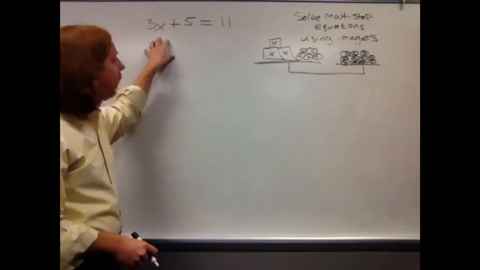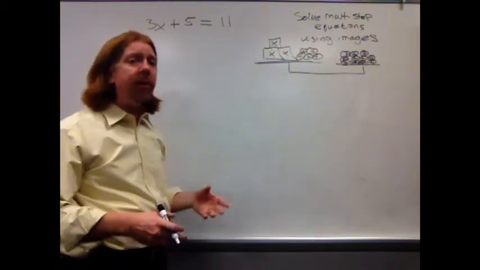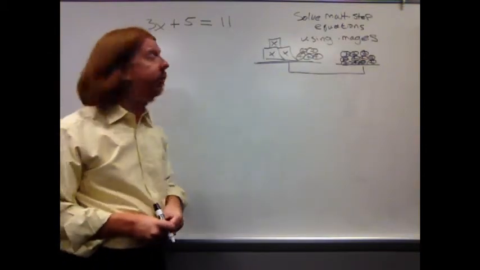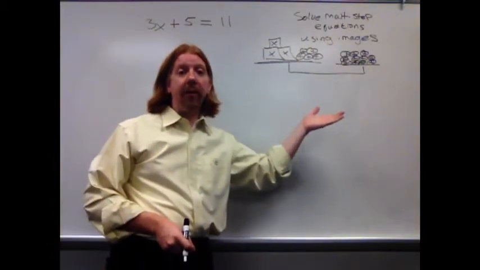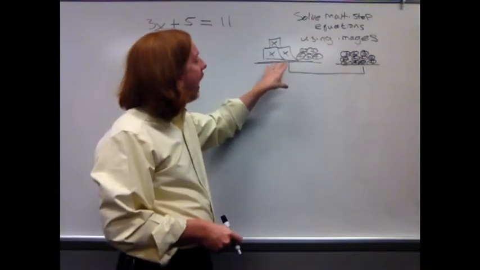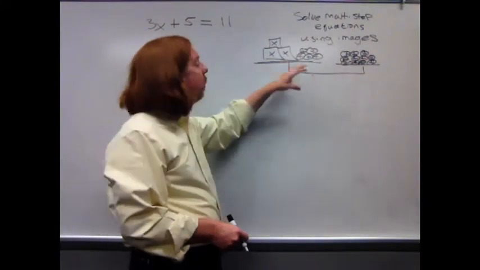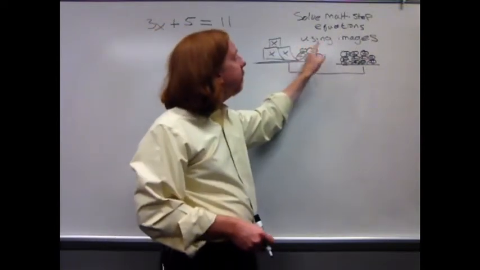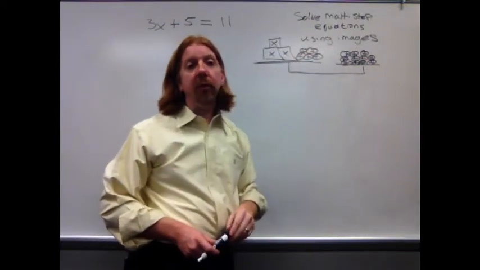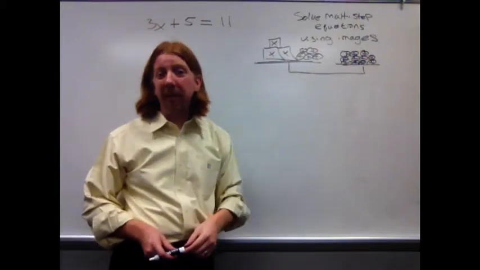Now, algebraically, I look at this, and the question usually comes down to what do I deal with first? The 5 or the 3? When I look at my balance, if I want to try and figure out how much will balance on the scale when there's only one box on one side, I can see that I'm going to have to remove some of these tokens before I can start dividing numbers out.